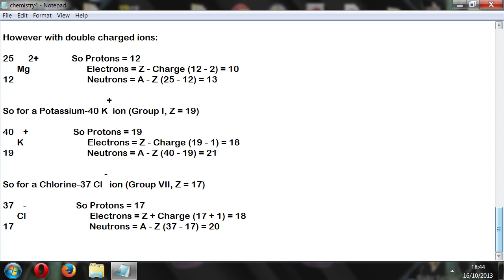Because we're dealing with a negative ion, we add on the charge, since it's more stable that way. We take the number of electrons in a neutral atom, which is 17, add on that charge, and we get 18.